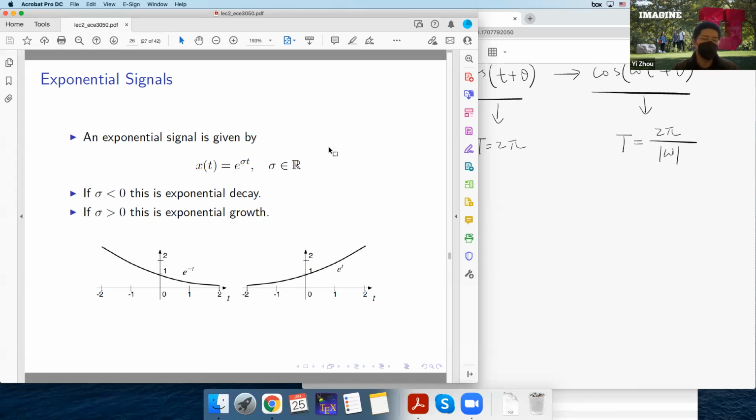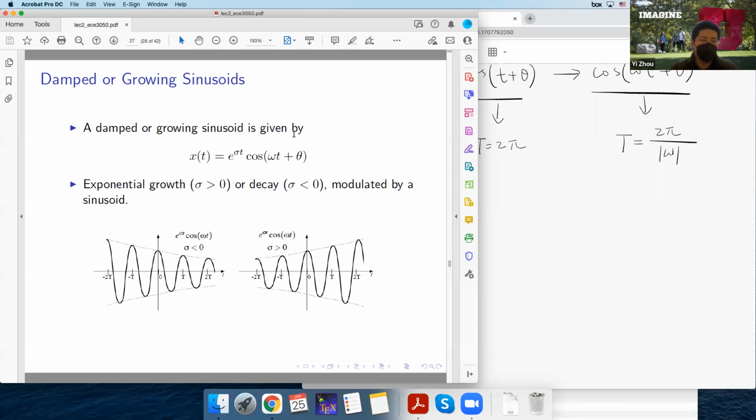And this should be very clear from these two figures. And then we can combine the exponential signal with the sinusoidal signal to generate these damped or growing sinusoidal signals.